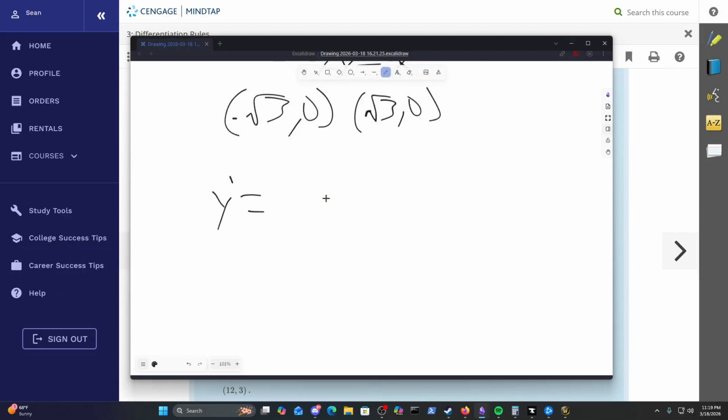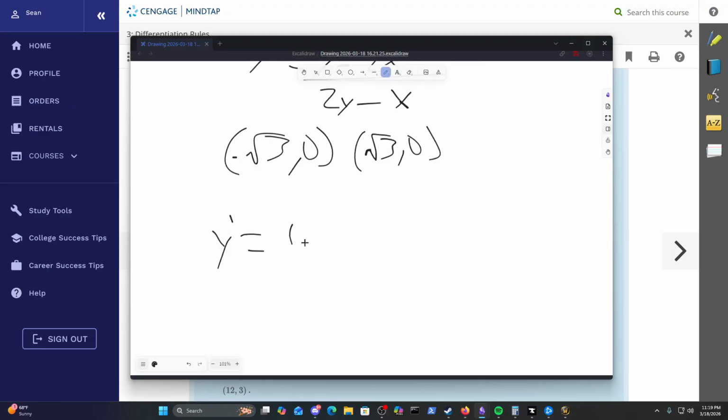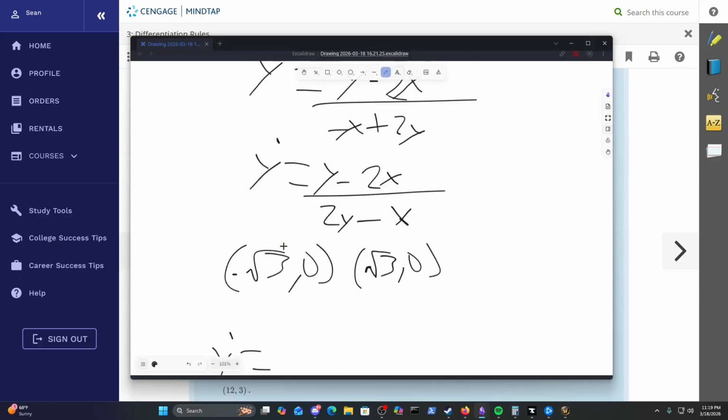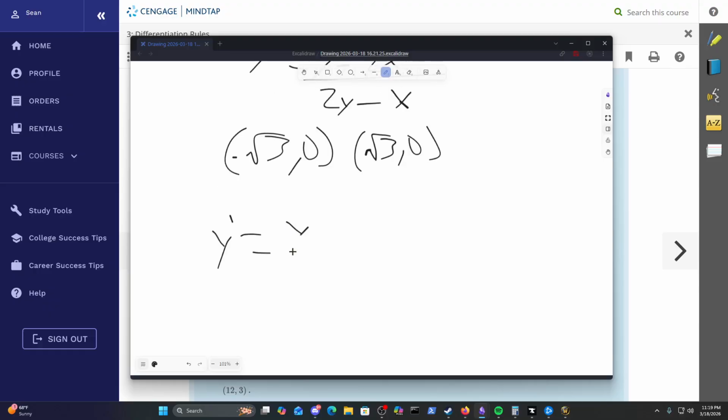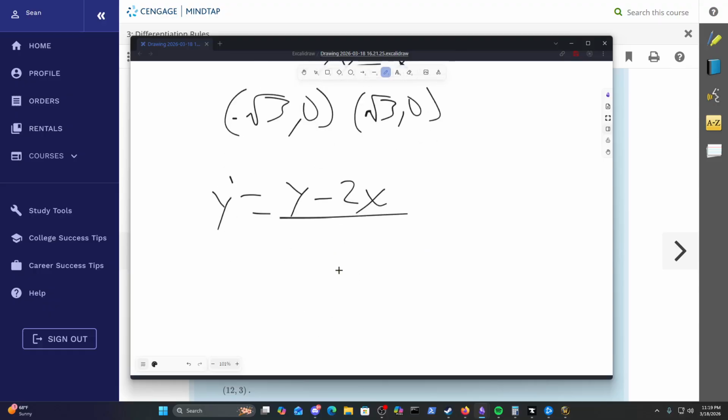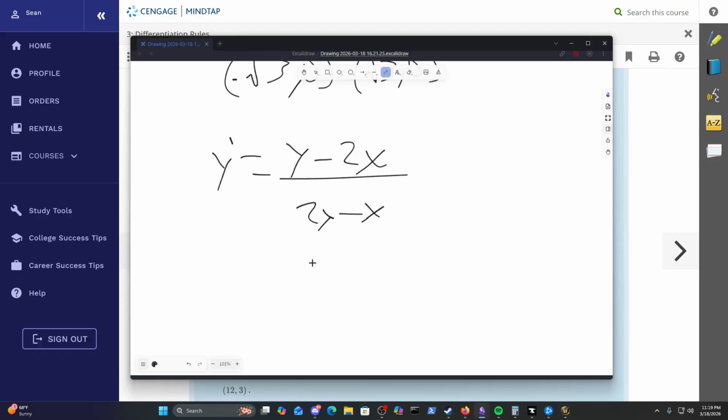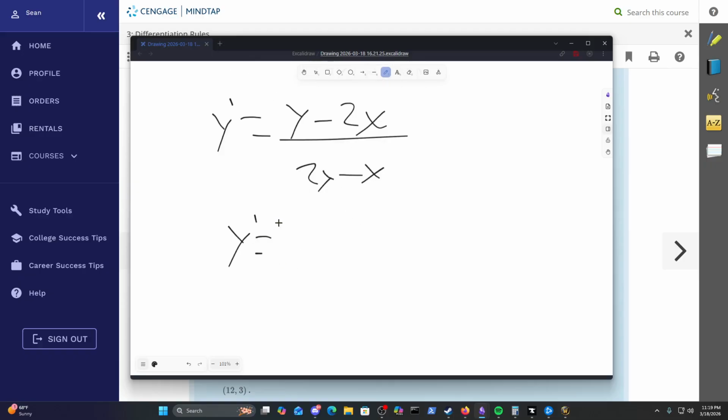So let's try it for negative square root of 3. Actually, let's just do this, I think it'll be a little bit easier to follow. So y minus 2x over 2y minus x. Then we just plug in 0 for y and negative square root of 3 for x.